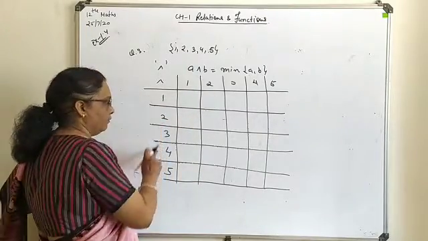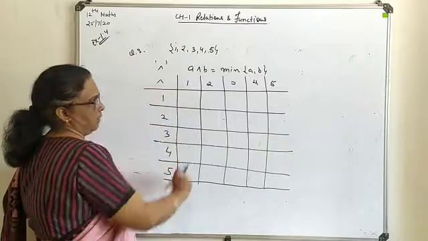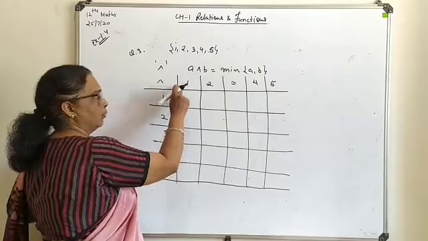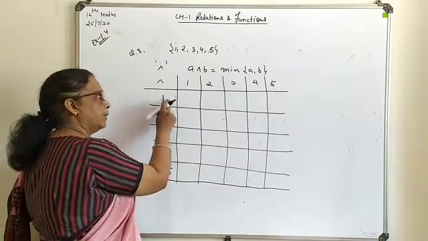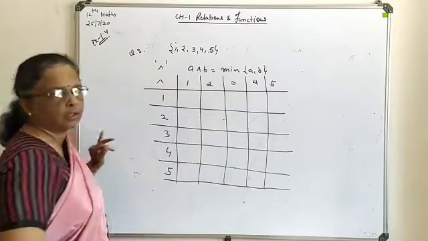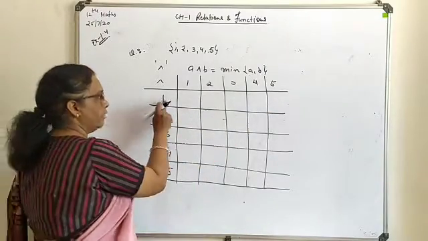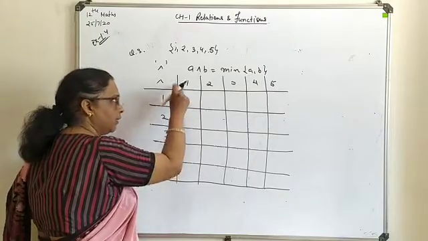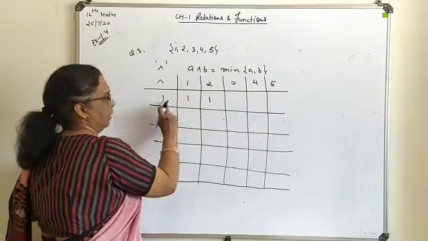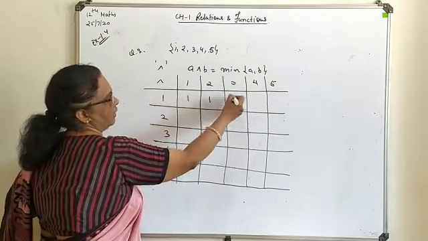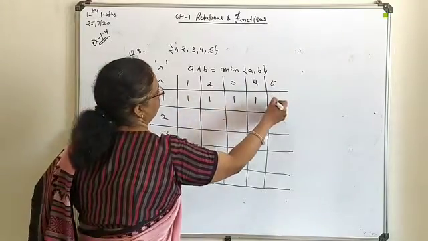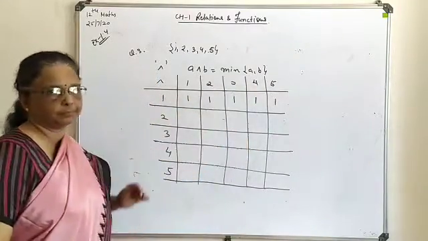You can take these values as A and these as B. So pick one element from here, combine it with all these values and write the answer in each block. Minimum of 1 and 1 is obviously 1. Minimum of 1 and 2 is 1. Minimum of 1 and 3 is again 1. Minimum of 1 and 4 is 1. Minimum of 1 and 5 is 1.